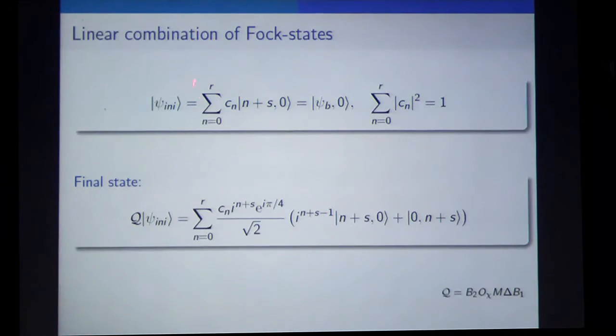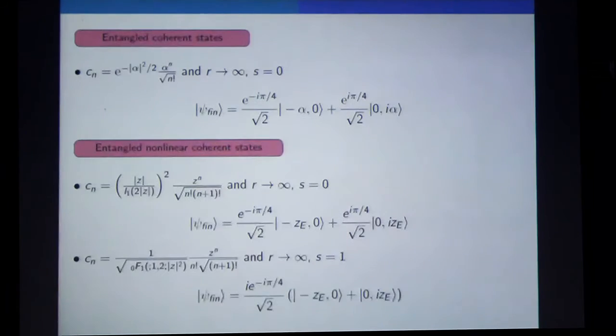And when we inject this state in the nonlinear Mach-Zehnder interferometer, the final state is given by this linear combination of entangled states. For example, if we choose the parameters Cn, R, and S such that we recover the Glauber coherent states, we verify the output state is an entangled coherent state.